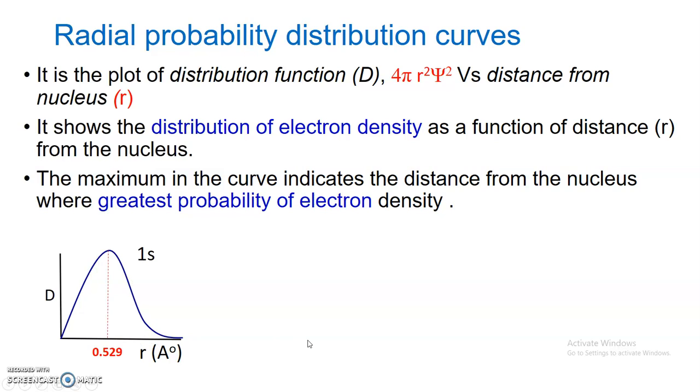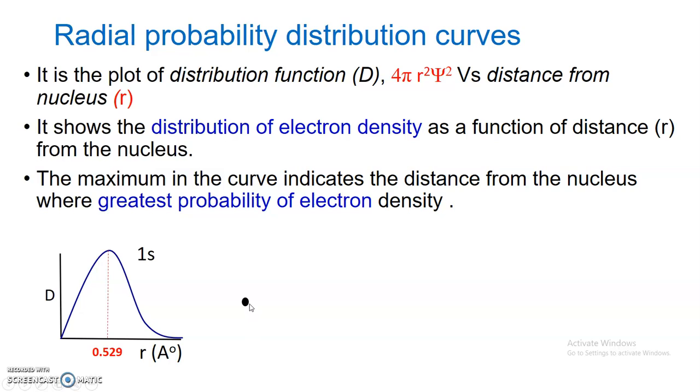So this is for 1s orbital, and this distribution function is not equal to 0 at any point, and therefore for 1s orbital there is no radial node.